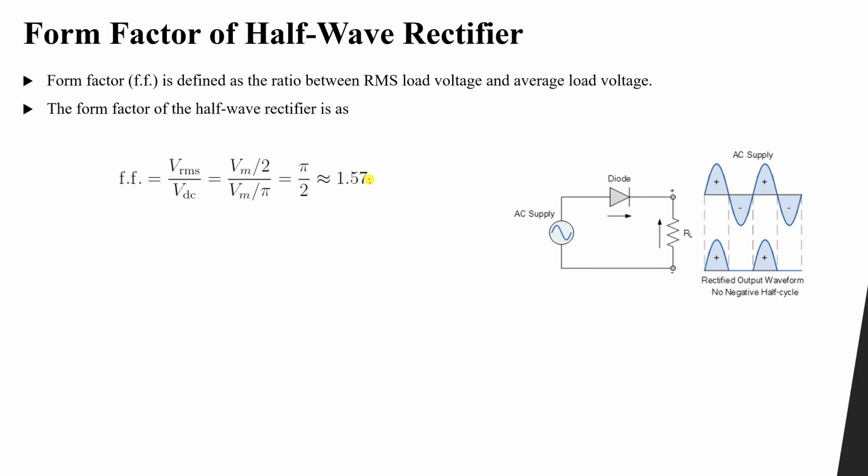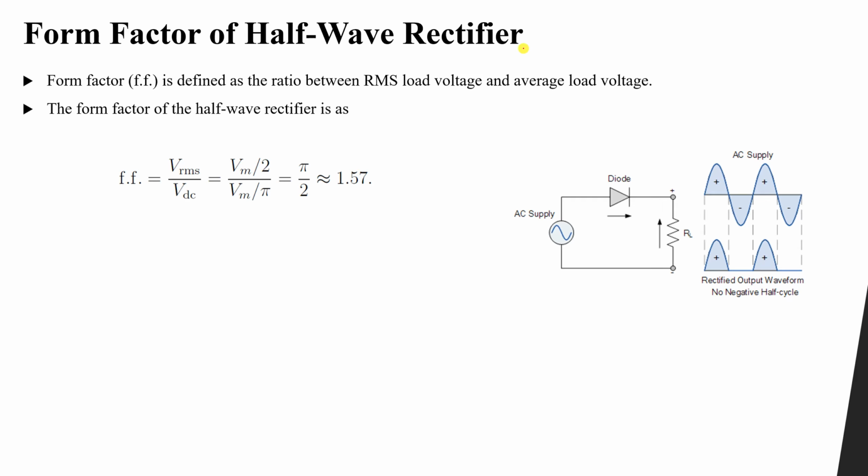What does the form factor actually represent? It represents the gap between the RMS and the average value. So the larger the gap between them, the worse the rectifier is.